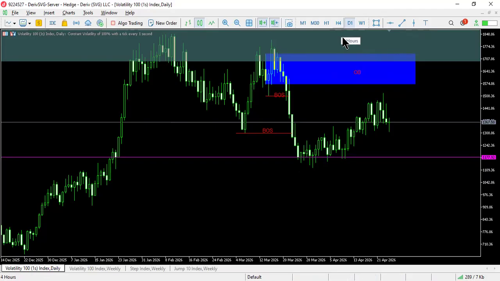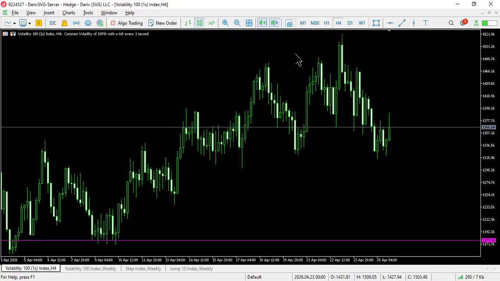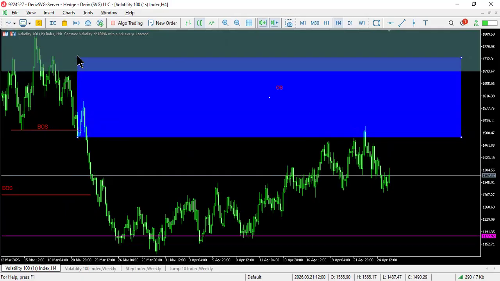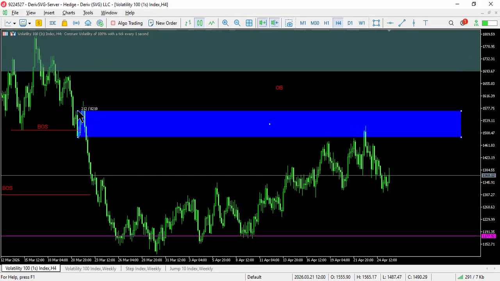Now heading over to the 4 hours time frame. If we are to adjust this break of structure, our order block will be there.